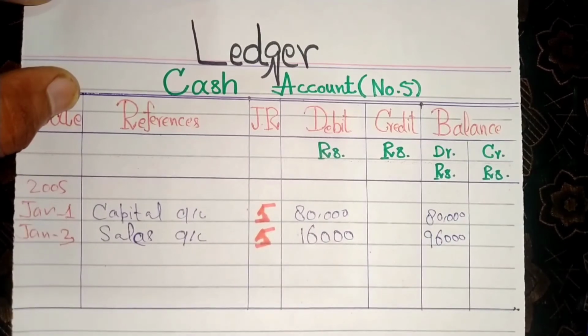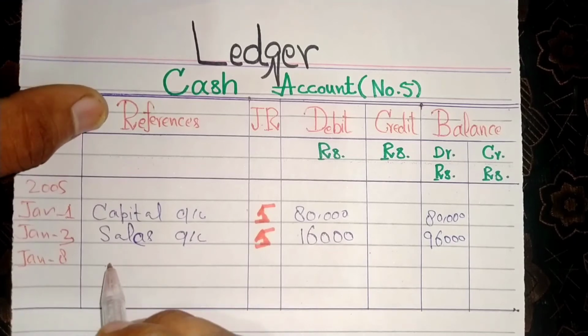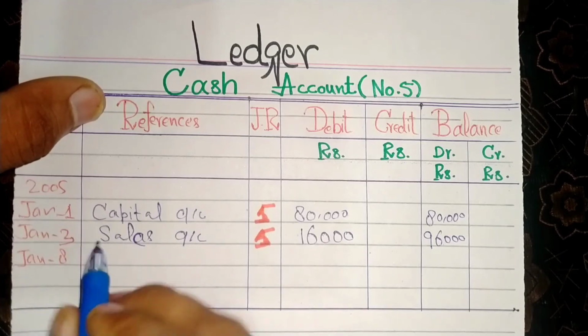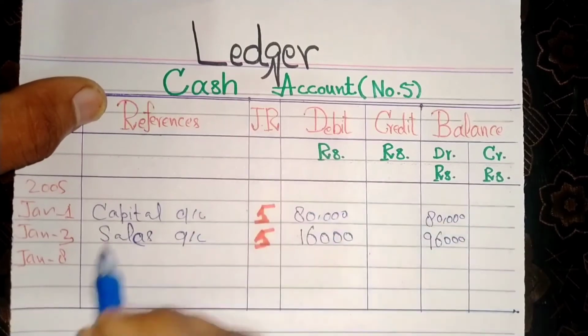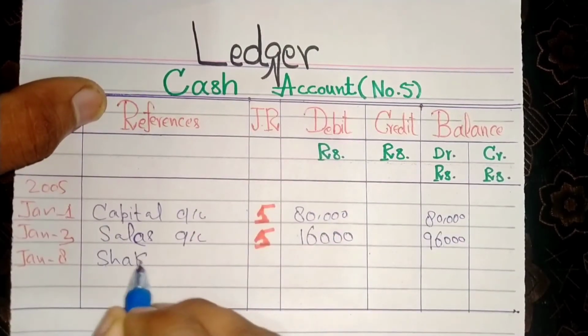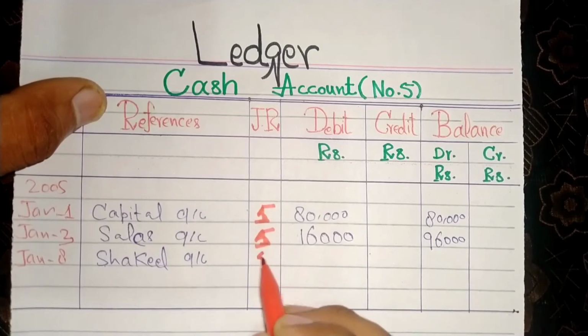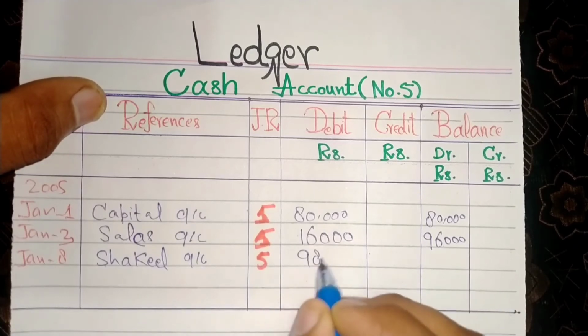The last entry was Jan 8th, right? Cash debited by Shakil account. So the entry will be cash debit by Shakil account, with journal reference number also 5, with an amount of 9,800 rupees.